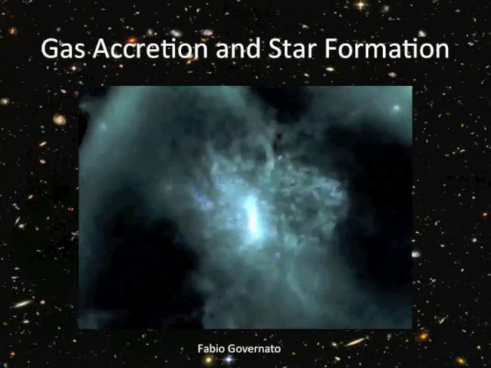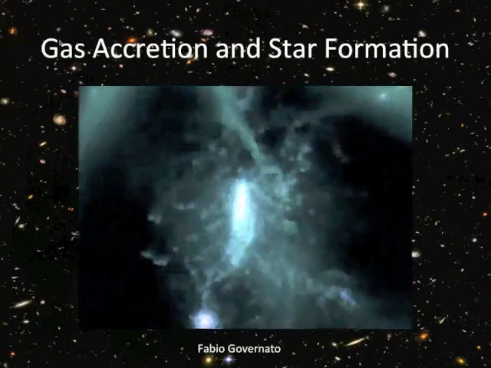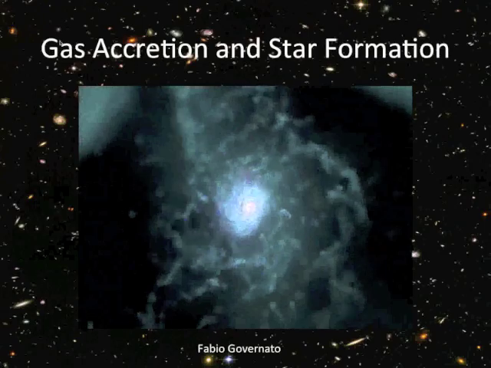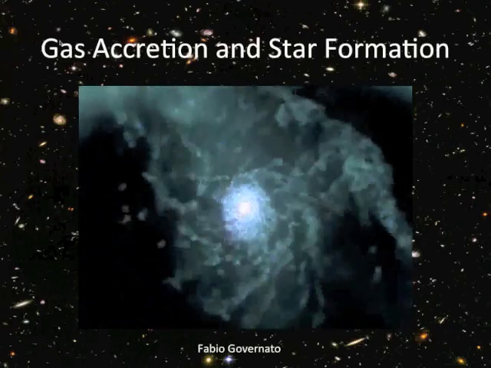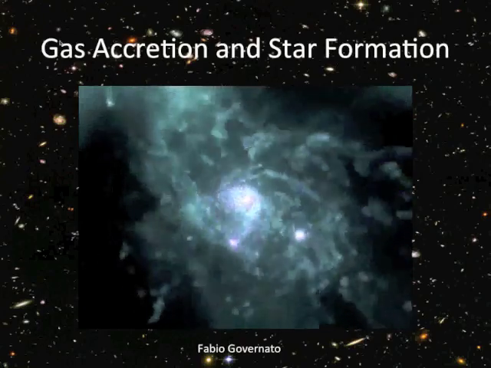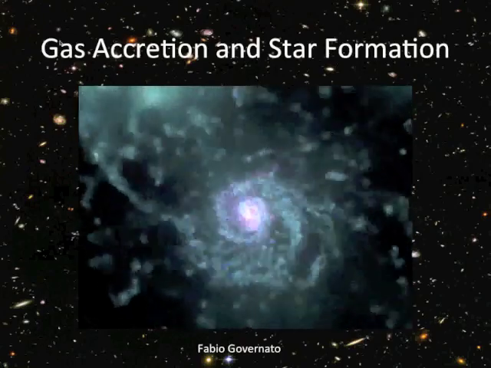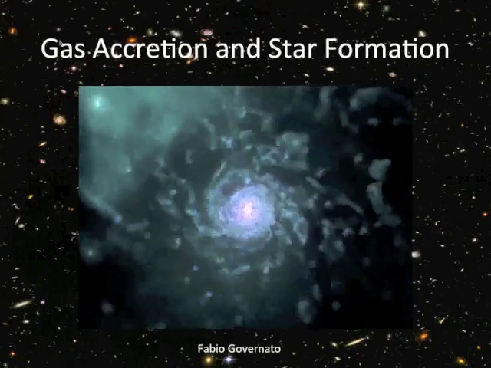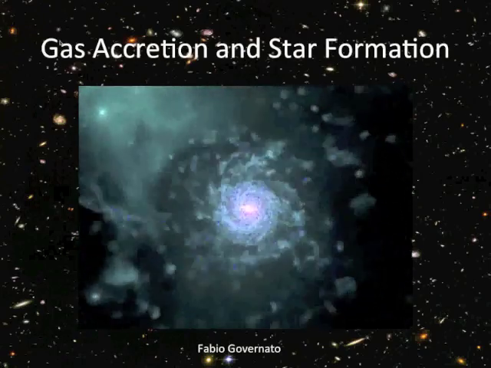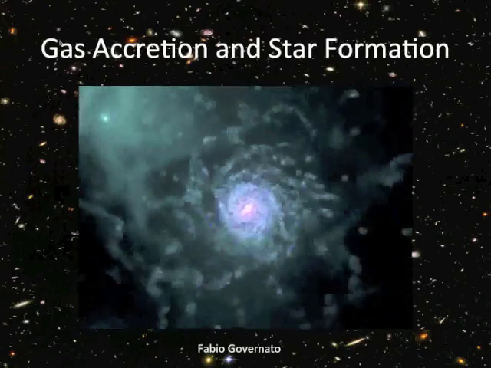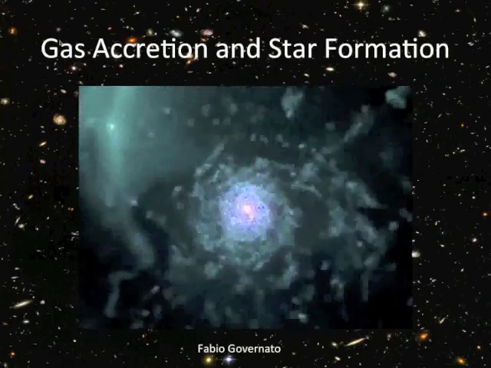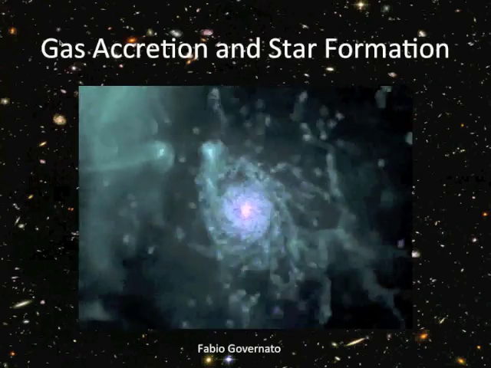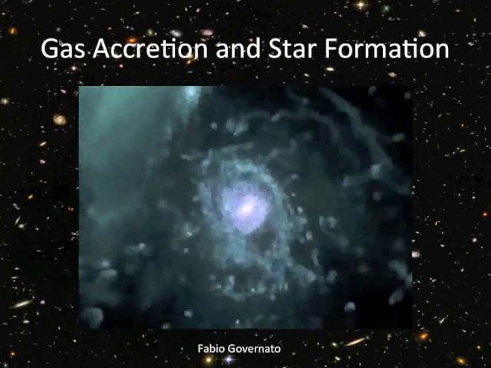And here I'm just showing you a pretty picture of how gas eventually falls inside a little dense knot in this dark matter distribution. So what happens is the universe is expanding, right? And gas is living together with dark matter in this filamentary structure, right? Now, some knots in this web of dark matter are dense enough to pull all the gas surrounding it and decouple it from the overall expansion.